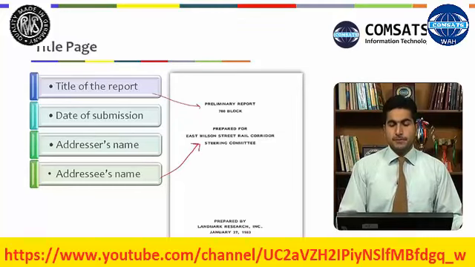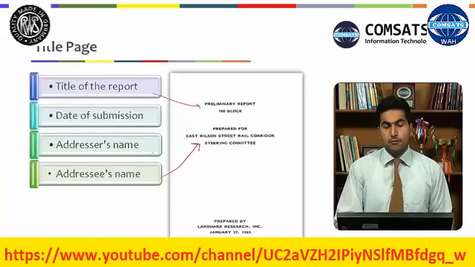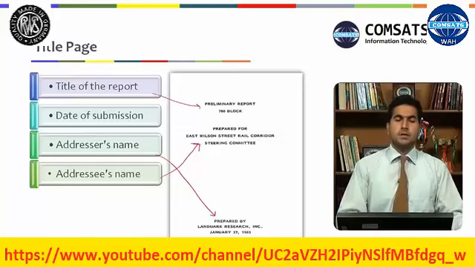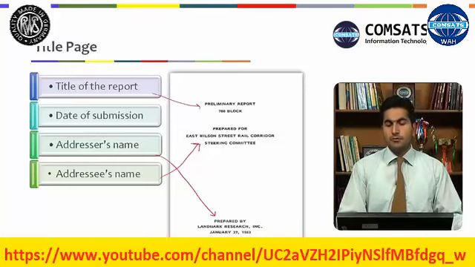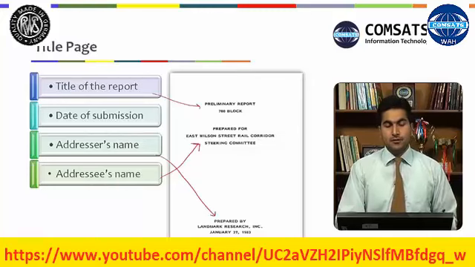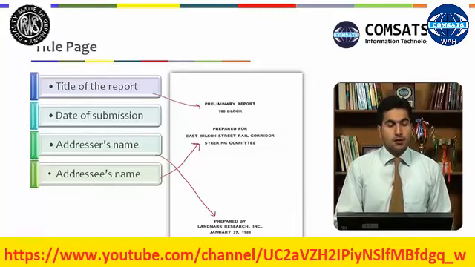Then at the bottom of this page we have prepared by Landmark Research. So a reference of the addresser, the one who has prepared this report for East Wilson Street. And finally, moving towards the bottom of the page, you can see a reference of the exact date of submission. So we can say all the fundamental features which are required to be there within the first page are there.